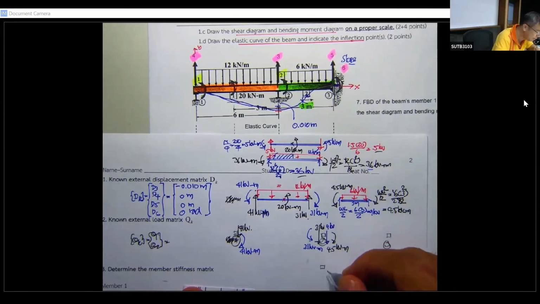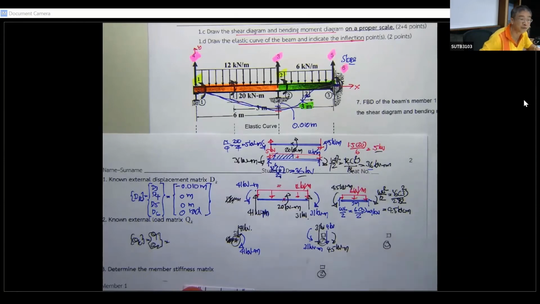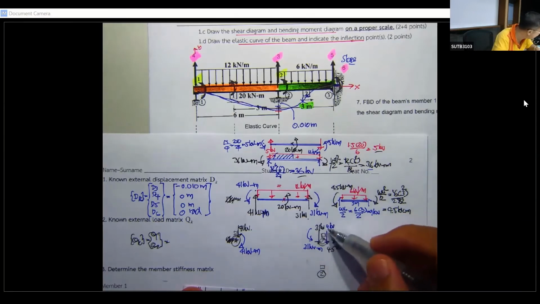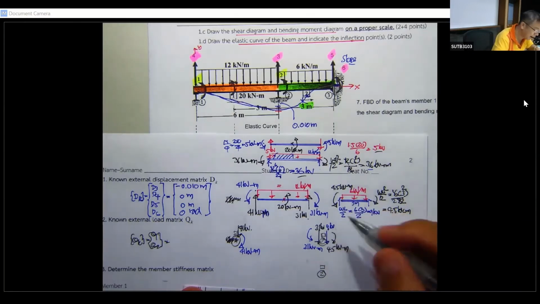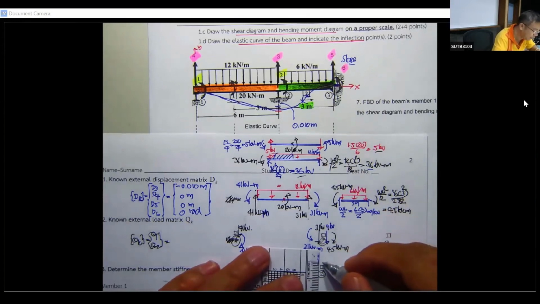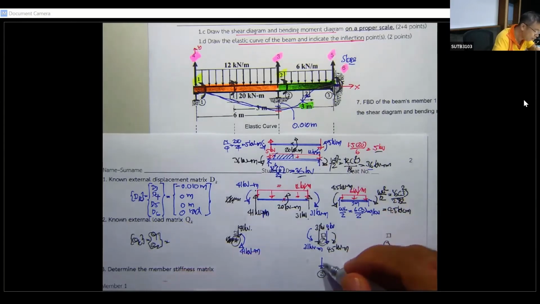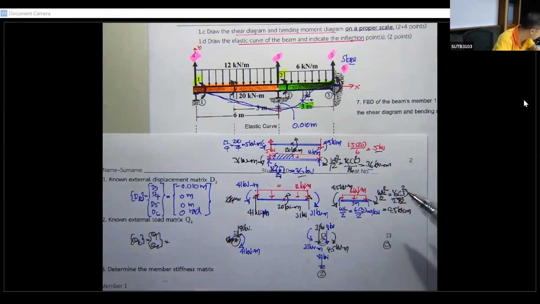Let me move this one to the next one, and you can see when you combine this one and this one, you get 40, right? You get this one for 40 kilonewton. 31, and this one is 4.5 or what?